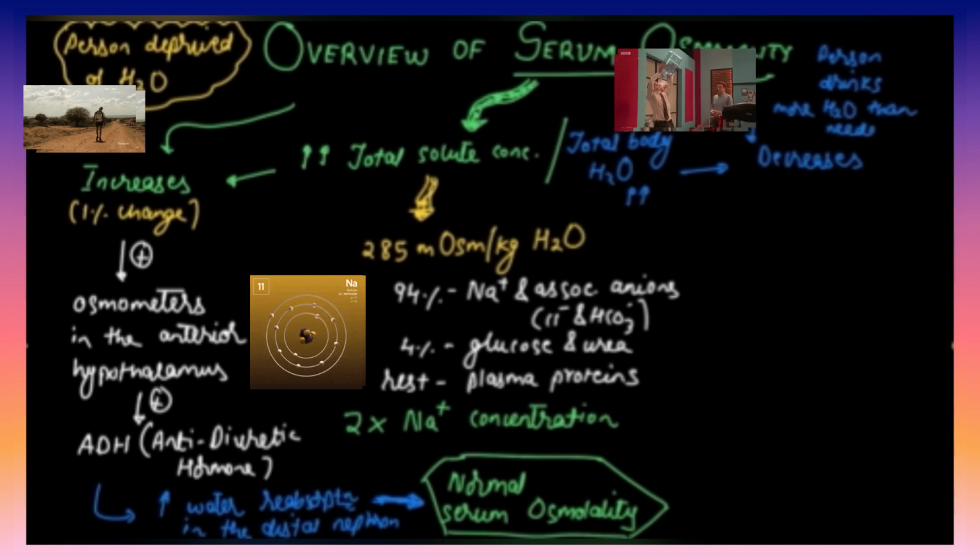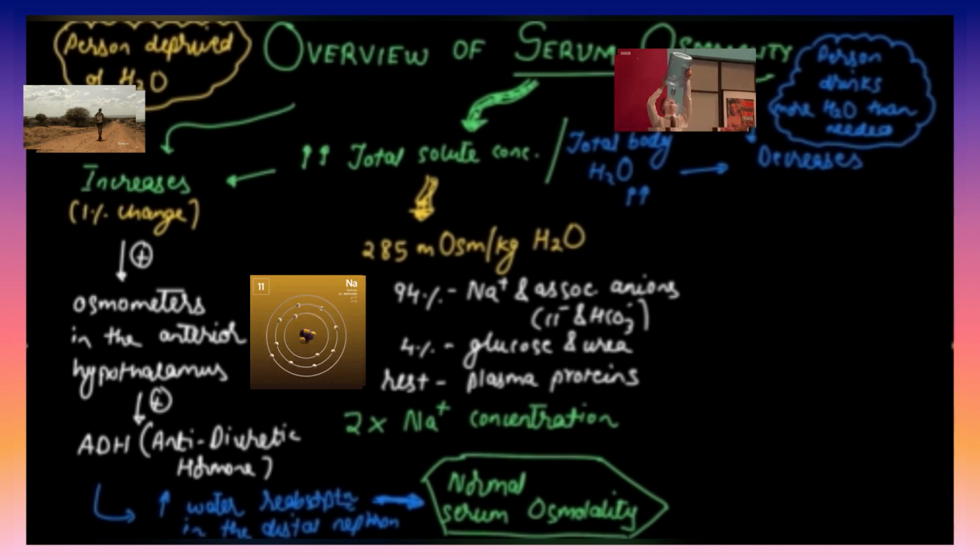And that is again sensed by the body with 1% changes, because if the osmolarity increases or decreases by 1%, that can result in shrinkage or swelling of brain tissue, and that can immediately cause convulsions, coma, and death.